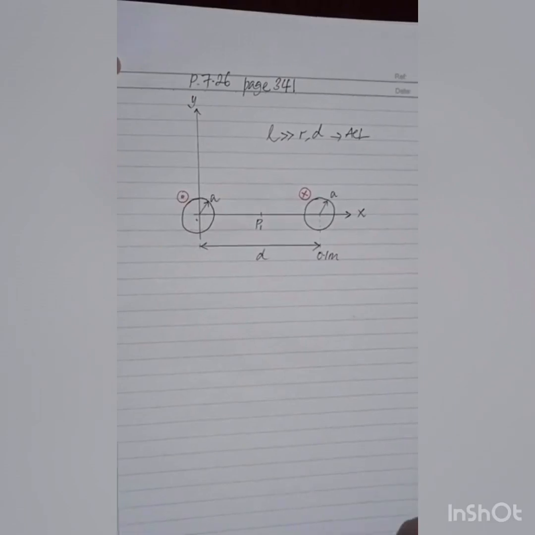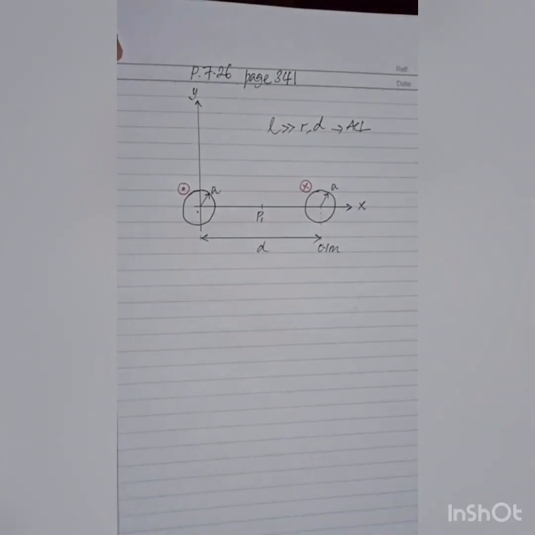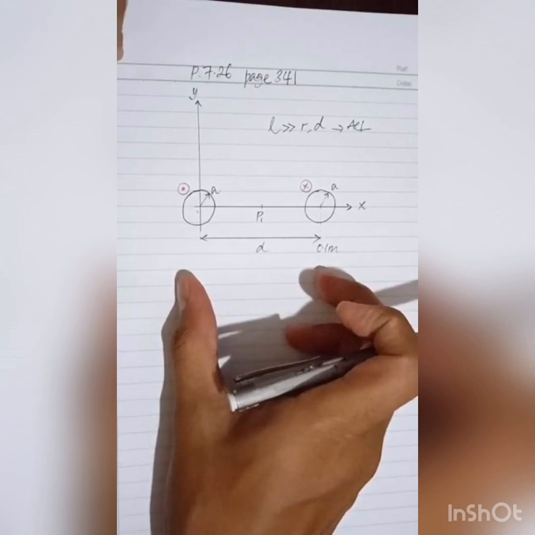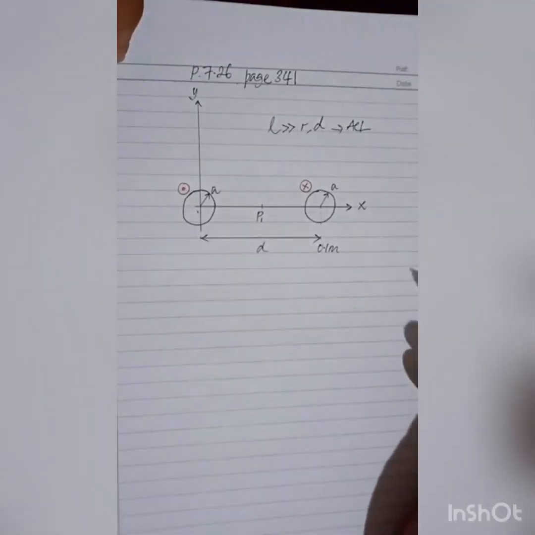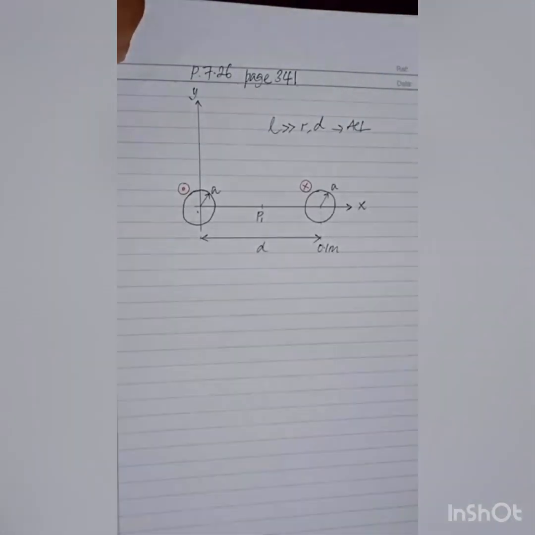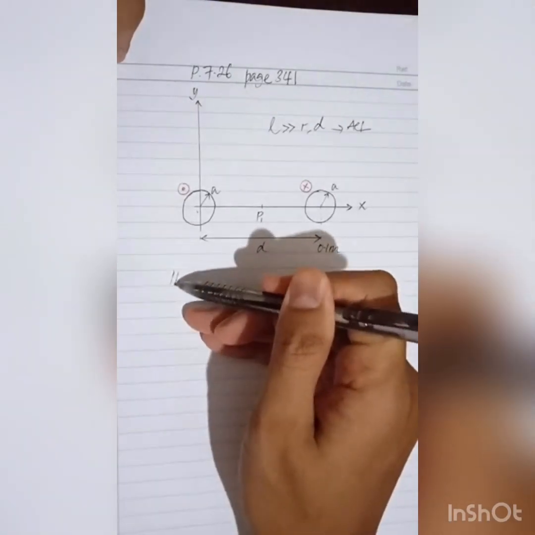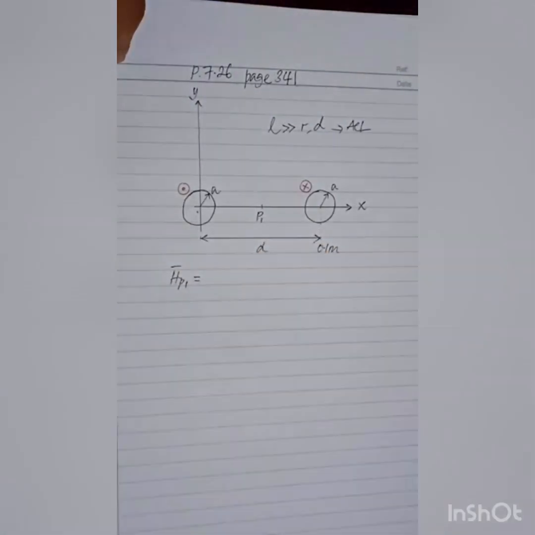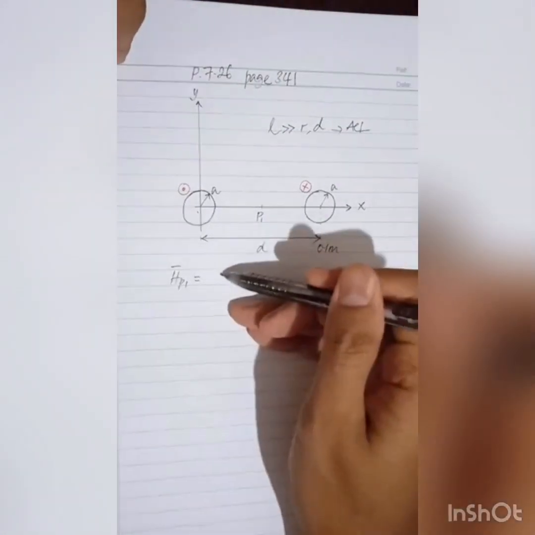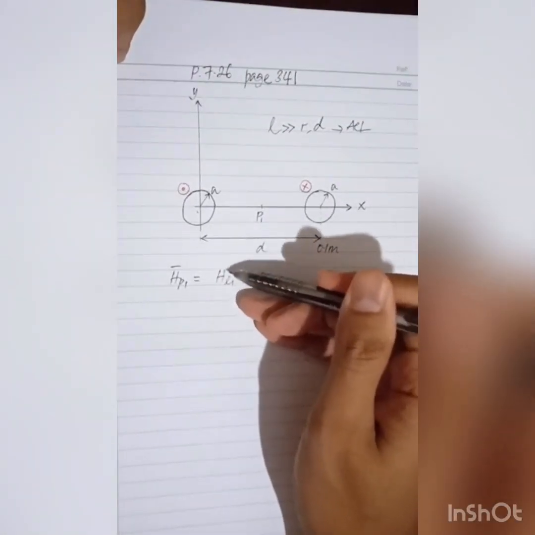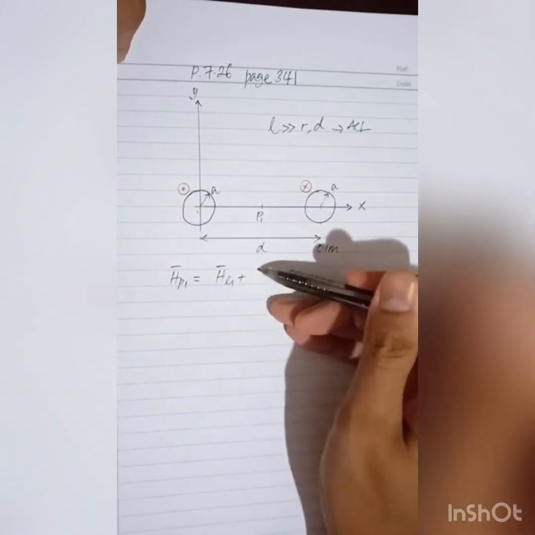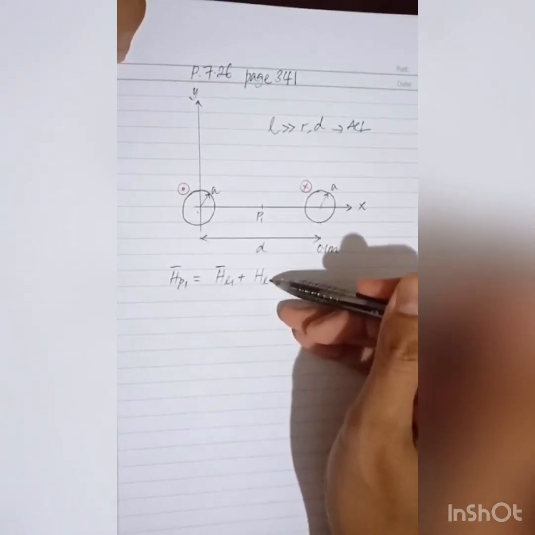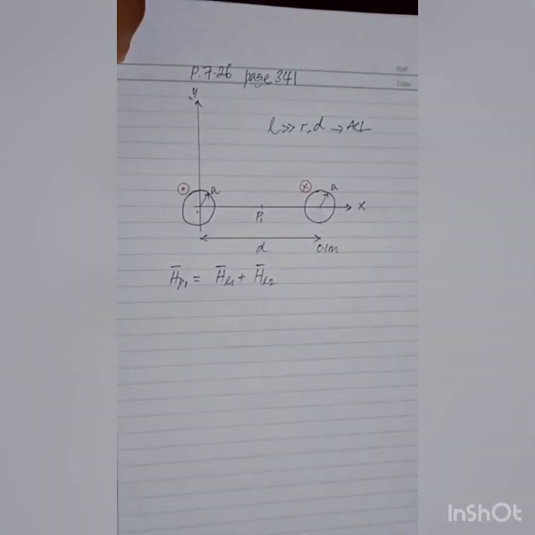The two line currents each have their own H field, so we can add them up, whereby H at P1 is a summation of H due to the first line current plus H due to the second line current.